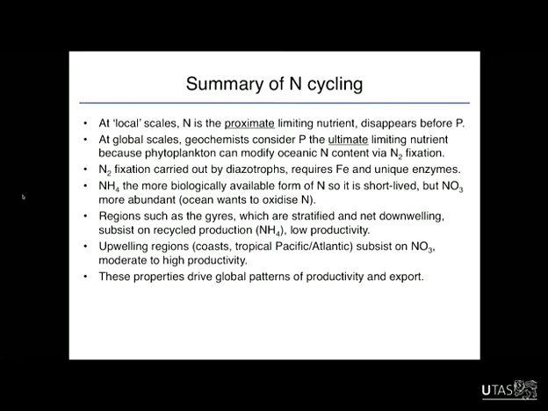Any biological material that's incorporated into those small phytoplankton cells is efficiently recycled back into ammonium. And so those open ocean gyres tend to be spinning this nitrogen around relatively efficiently in the surface waters. But the total concentration of nutrients in those areas is quite low, so they tend to be low productivity.